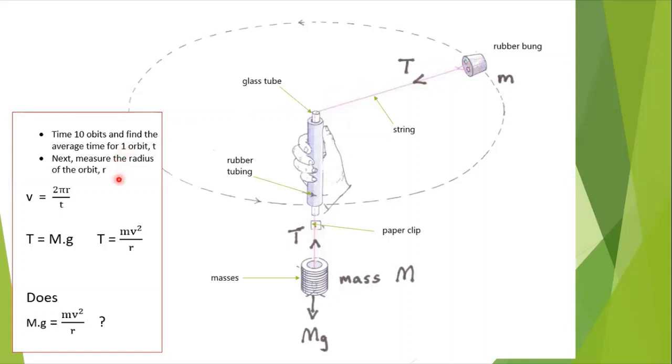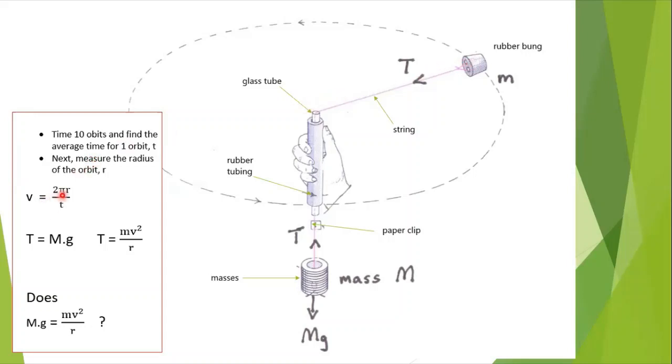Now, how do we proceed and what are we trying to do? Well, we time 10 orbits and find the average time for one orbit. I'm calling that small t. We measure the radius of the orbit. We can put our thumb over the end of the string here when we've finished the timing, and then a friend can measure that radius for us.